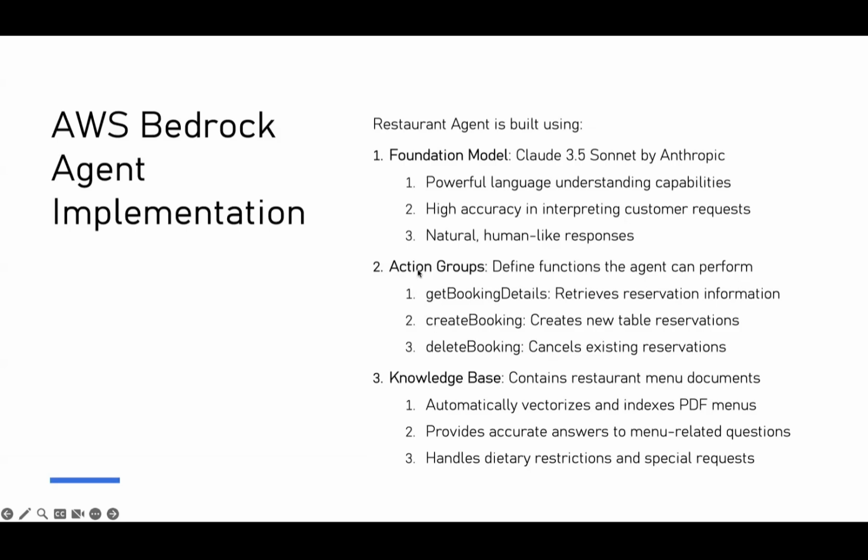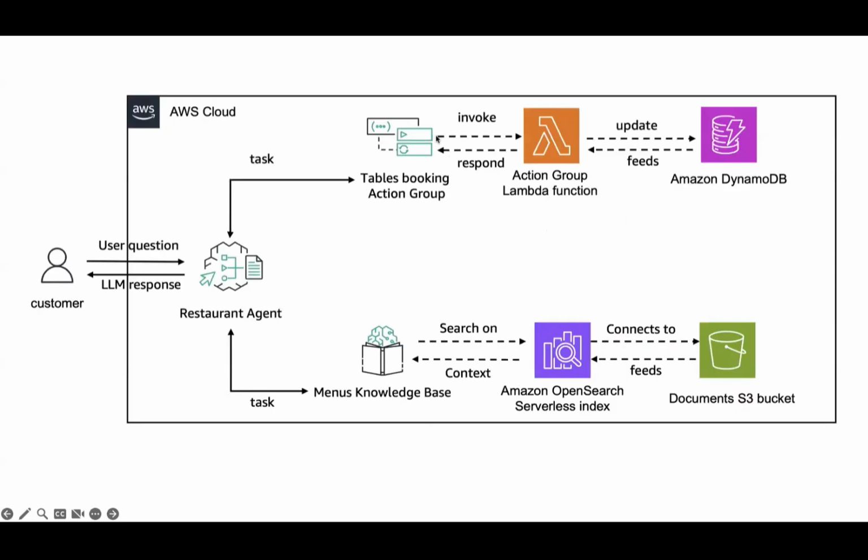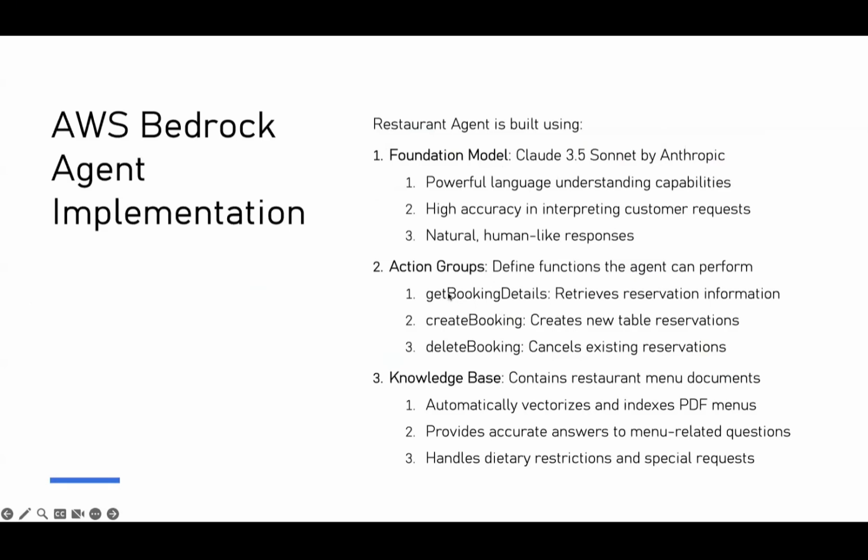And action groups are basically different functions your agent could perform, just like a tool call or a function call, where getting booking details, creating a booking, deleting a booking, that's all driven through the action group that we were talking about. Just a name that they have given for this. It's to perform a specific action.